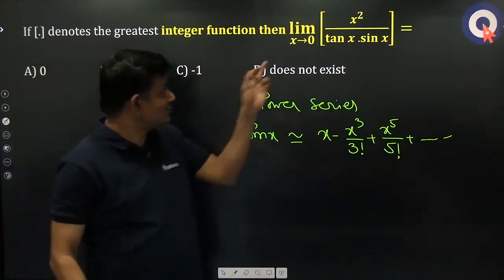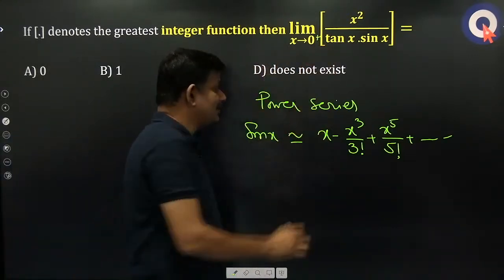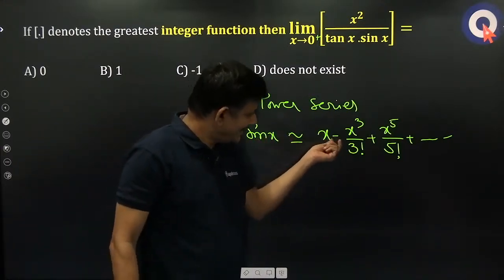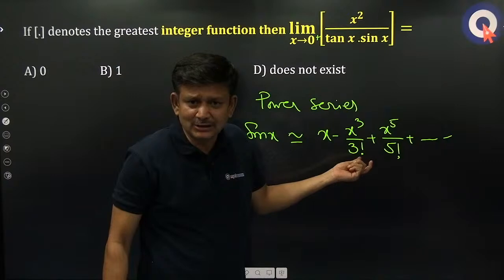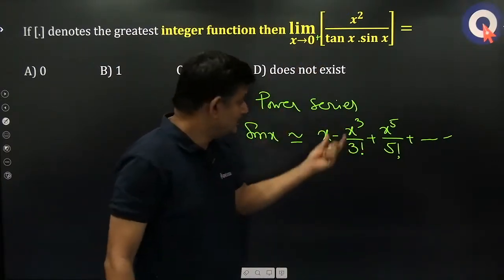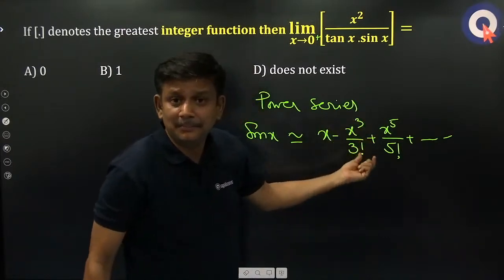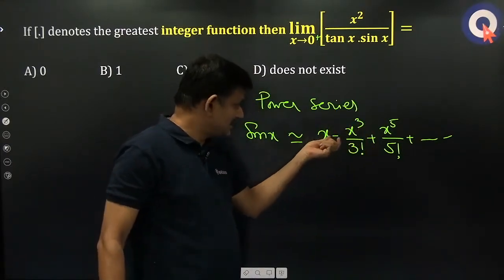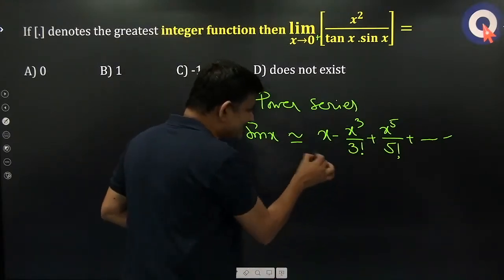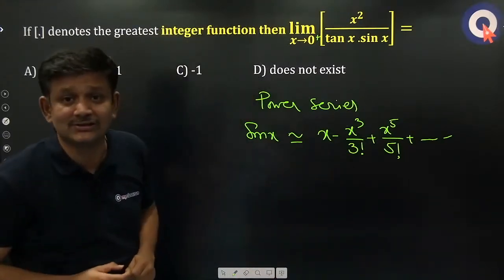Now, as x tends to 0, especially 0 plus, sin x is x minus some number, yes or no? And what kind of number is it? X tending to 0 plus, so this is a positive number. From x I am subtracting some small positive number. So, will this be less than x or more than x?